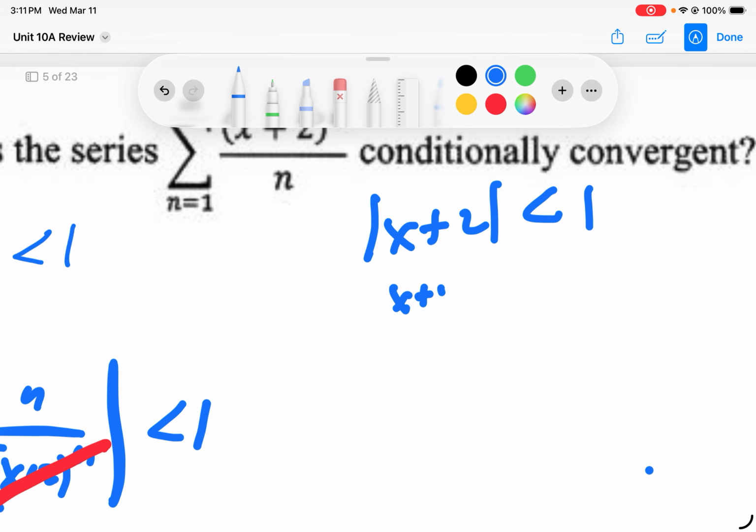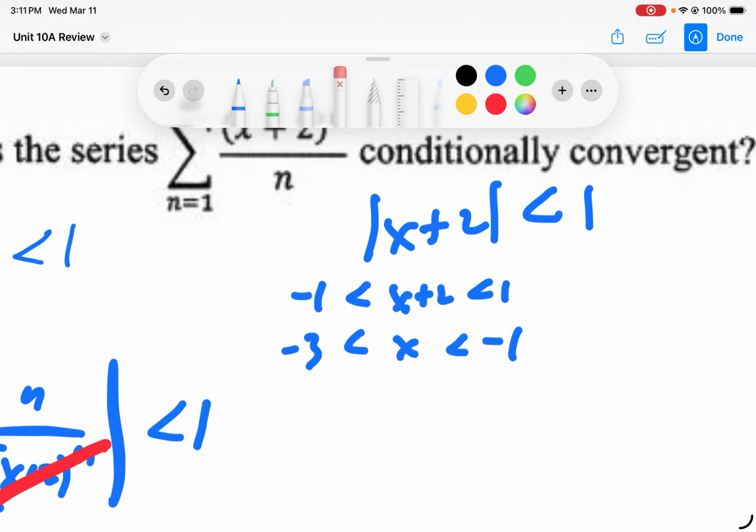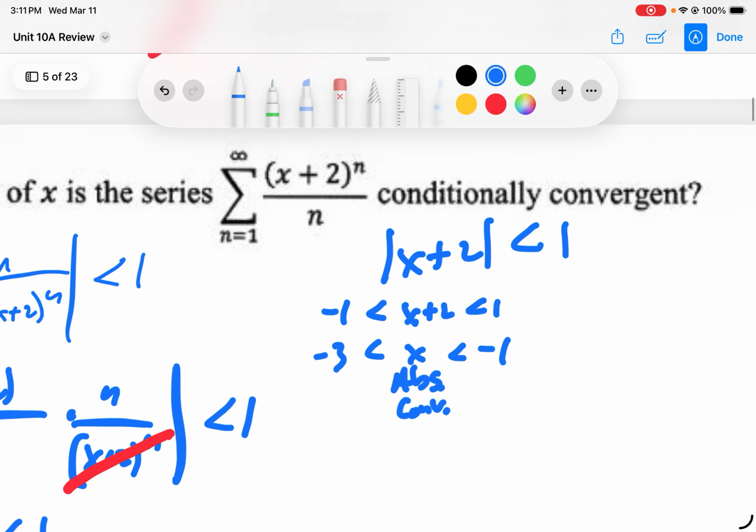Okay, to get rid of the absolute value bars, subtract 2. So any number for x strictly less than -1 but greater than -3, those are the points where it's absolutely convergent. You could test some numbers and pick a number like 0.